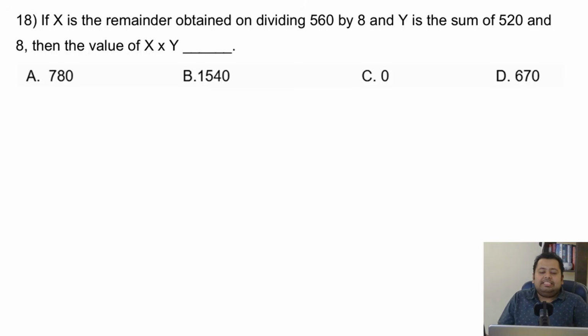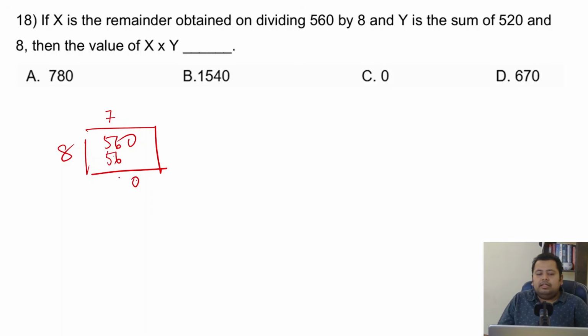Great. Now, what it's saying is if 560 is divided by 8, what is the remainder? If you know the table of 8, 8 7s are 56, correct? Then this 0 comes in, so this becomes 70.